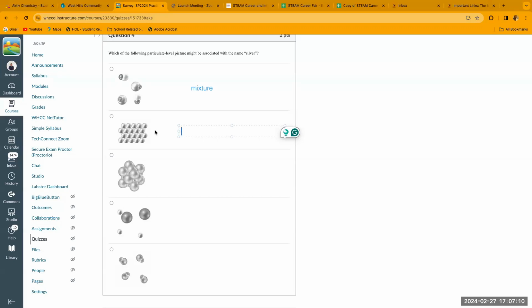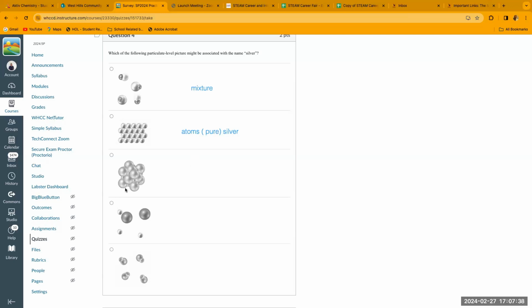So this here would be just atoms. This would be a pure substance. It's pure. And so we would assume that this would be silver because silver is only a single type of atom. Okay, these are all exactly the same, so that would represent silver. So the correct answer would be B.